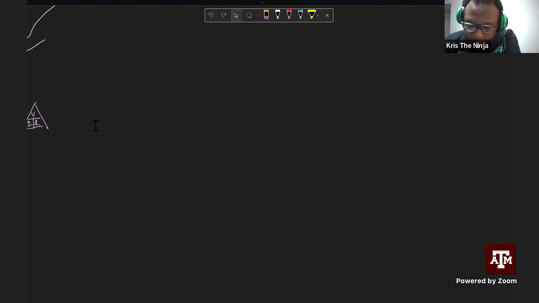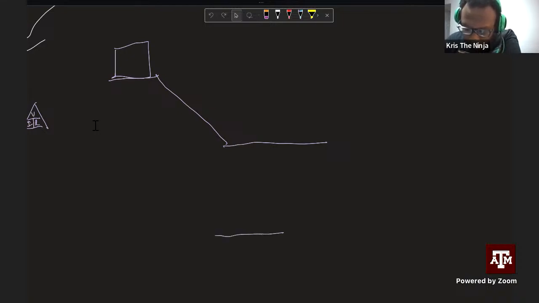Let's say we have a box sitting on top of a slope, and then after some time, the box is at the bottom of the slope. What is the difference?